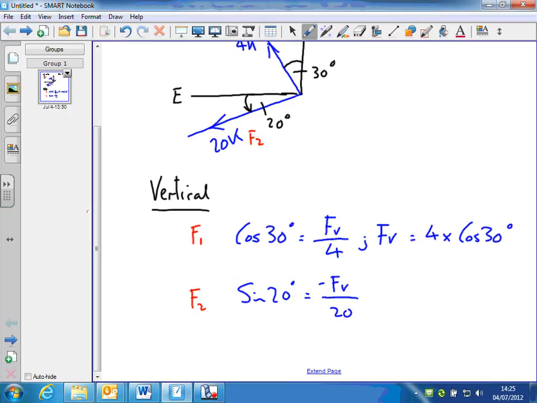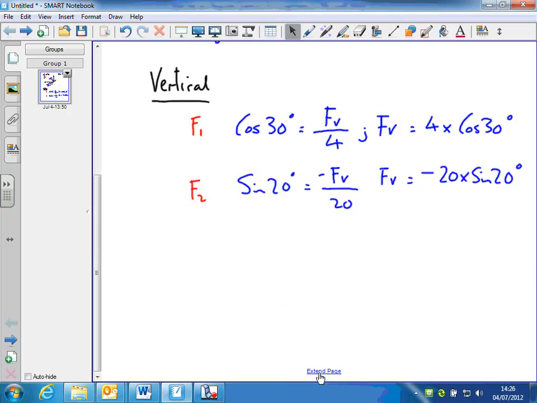So that means that FV equals minus 20 times the sine of 20 degrees. And then we add them together and we get the total vertical component. And we can then do a similar thing to get the horizontal components.